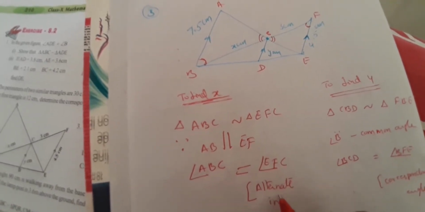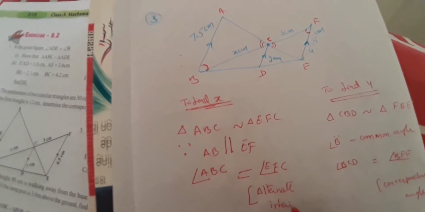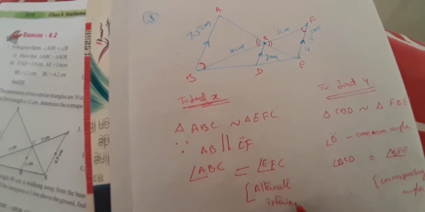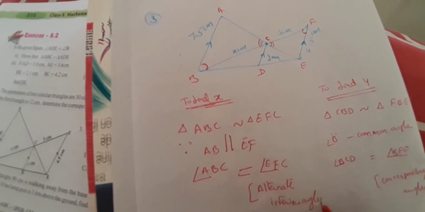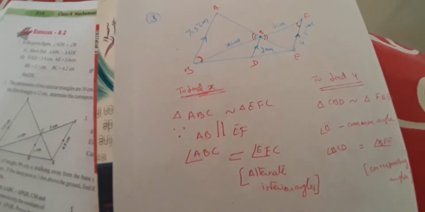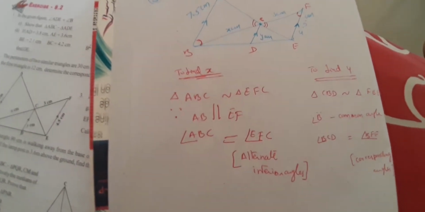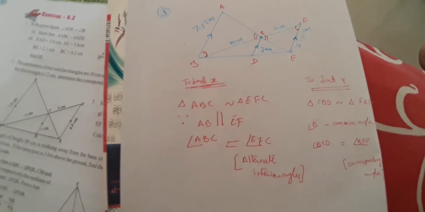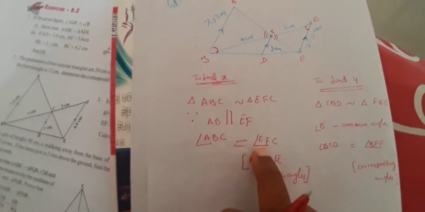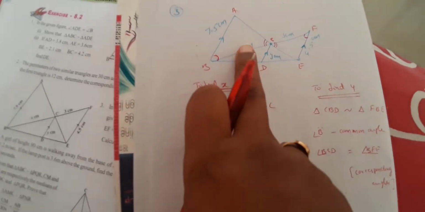These things you have learnt in class 7 onwards, you started learning all these things. You must be very much familiar with this, right? So therefore this is one. And the other one, what is that?